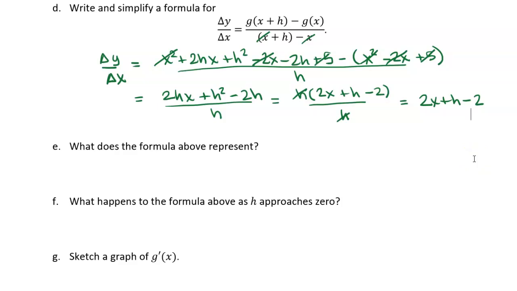Okay, so now remember, this is an average rate of change. This is the formula for average rate of change, and it's the average rate of change over the interval from x to x plus h.